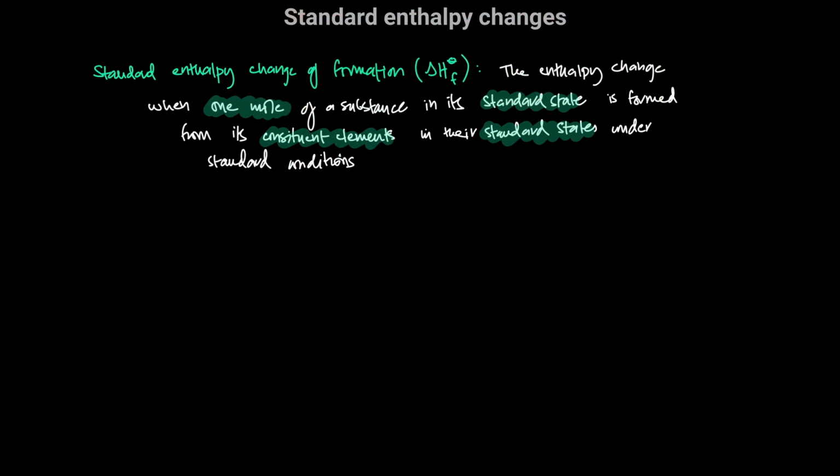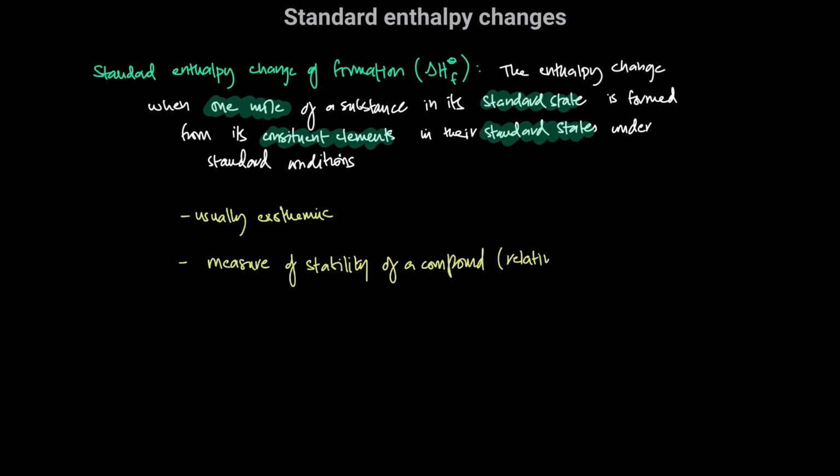The enthalpy change of formation for different compounds is usually exothermic. Not always, it can be endothermic as well, but most of the time it is going to be exothermic. It is a measure of the stability of a compound, relative to the constituent elements.